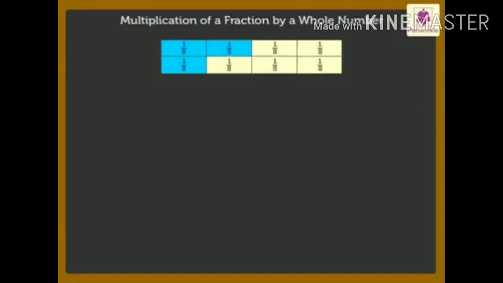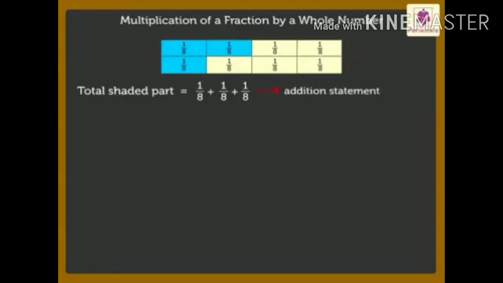Now, let us find out what part of the rectangle is shaded. Here, the number of shaded parts is 3. Hence, the total shaded part is 1/8 plus 1/8 plus 1/8. This is the addition statement.